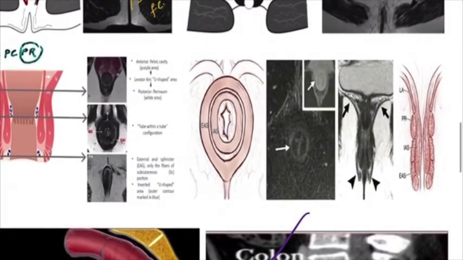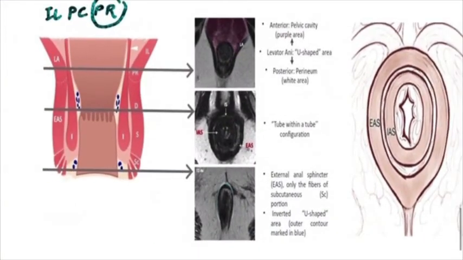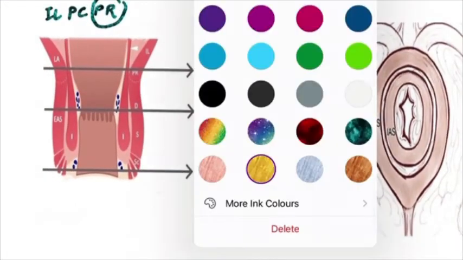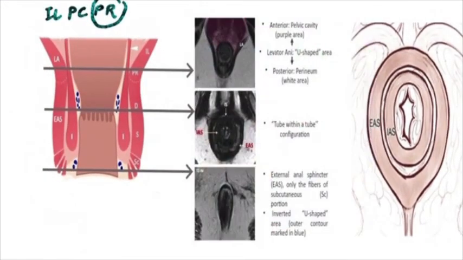Similarly, also look at these levels of cross section. When we take a section at the level of the levator ani ending, this U-shaped muscle is the levator ani muscle. Anterior to it is the pelvic cavity, while posterior to this is the perineum.